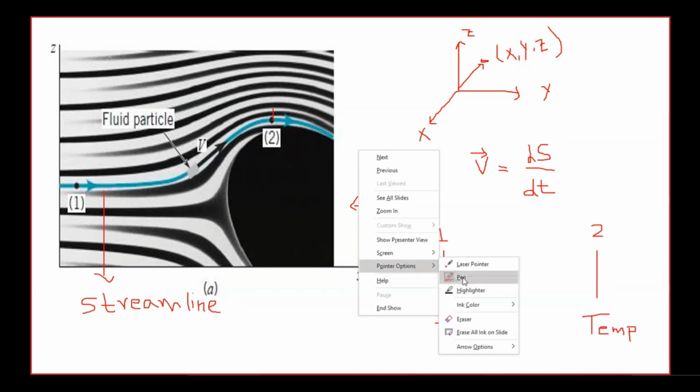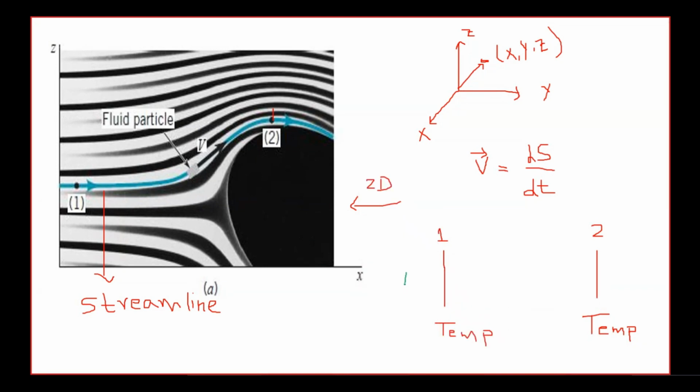Let's say person A is passing through point 1. What will happen? The sensor will note a value. Let's say the sensor has noted a temperature of 25 degrees C on that person or particle, right?